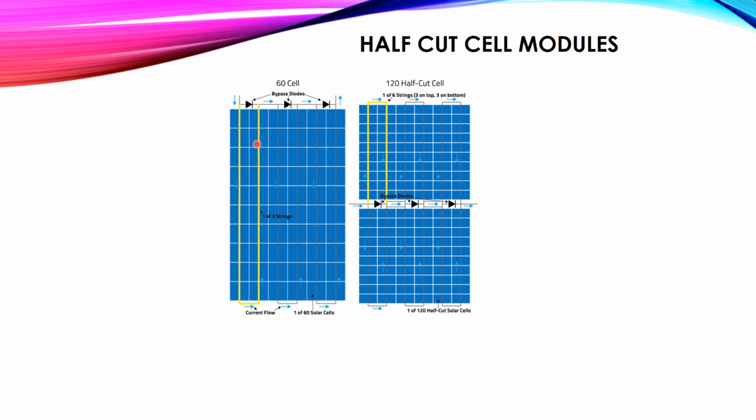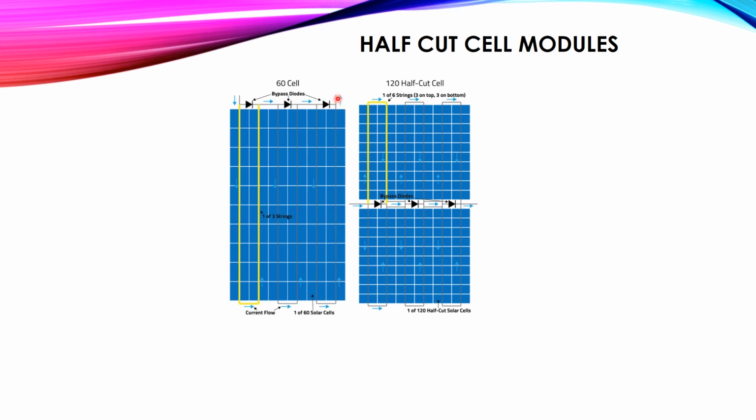So our panel is divided into 3 strings. This yellow line is a string. The current flows here inside the cell and goes back, then flows through the gray one, like here, goes up, then flows like here, goes down, and then up.